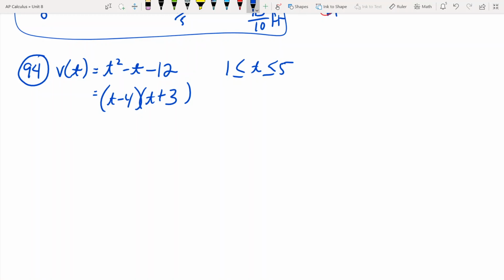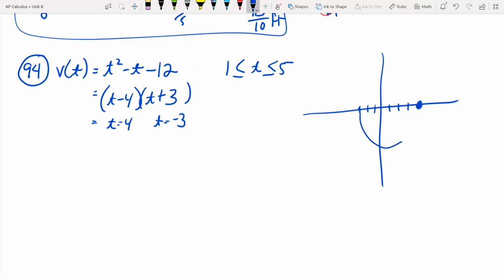So I know that t equals 4 and t equals negative 3 are my zeros. So t equals 4, 1, 2, 3, 4, and then negative 3 is right here. So there's what my parabola is going to look like.